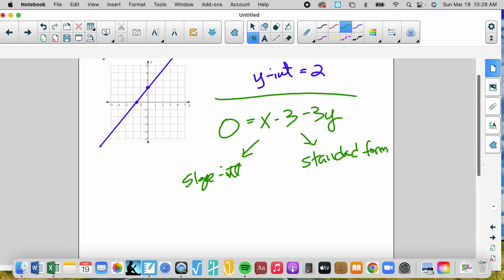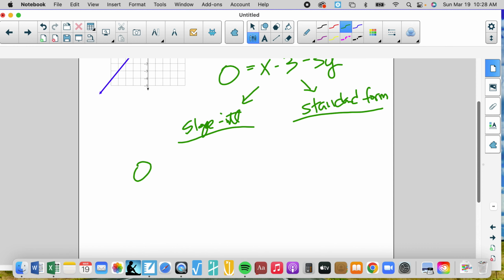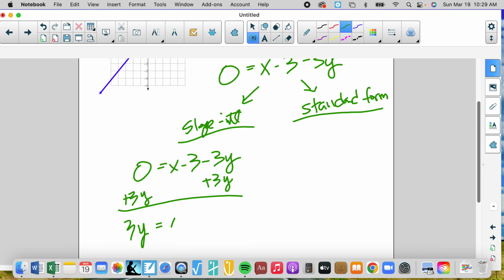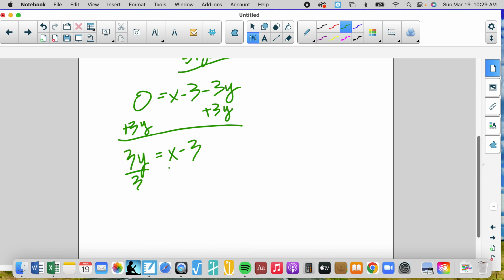You decide, which one are you most comfortable with. So if you put it in slope-intercept form, you have to isolate for y. So I'm going to add 3y to both sides. I get 3y equals x minus 3. I'm going to divide everything by 3.